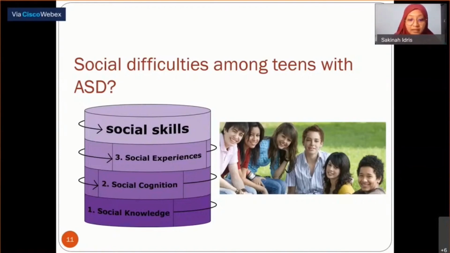After you get better, you start to have social motivation, which will make you more likely to seek social situations and become better at the social skills. After you have completed everything, then you have mastered the social skills.